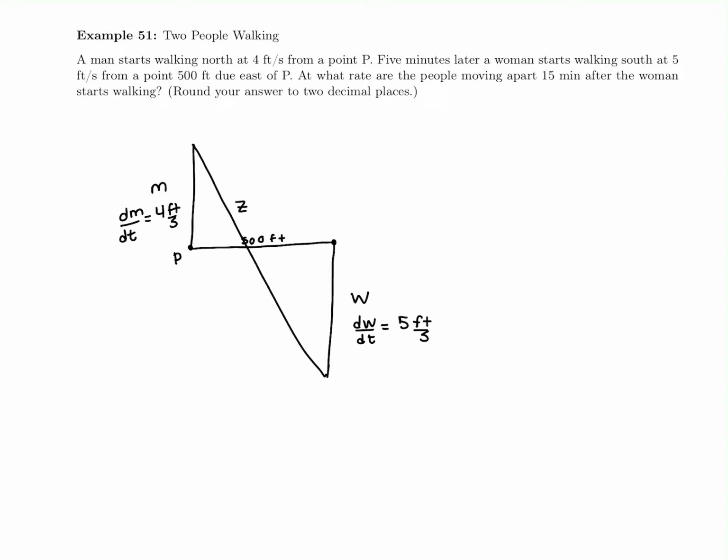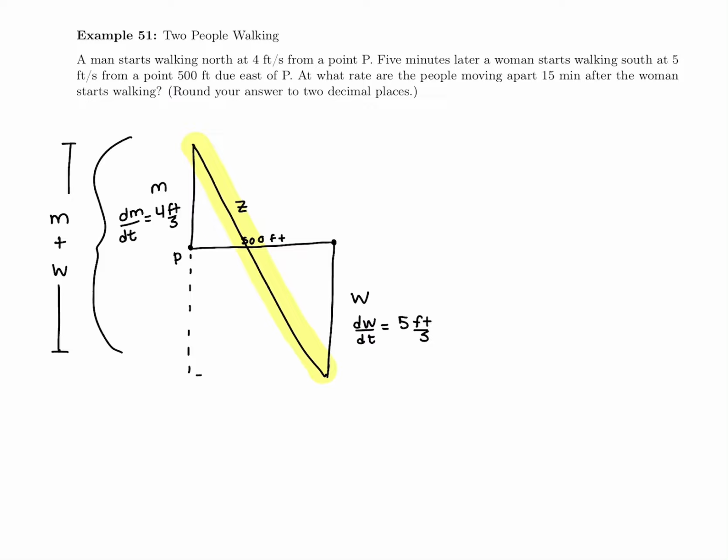And this gives us kind of a big triangle. So here's our hypotenuse of the triangle, that distance between them, Z. We have the side of the triangle, which is made up of how far up the man has traveled, how far north he's gone, and how far south the woman has gone. So this whole side here is going to be measured by taking M plus W. That's going to tell the vertical distance between the two people.